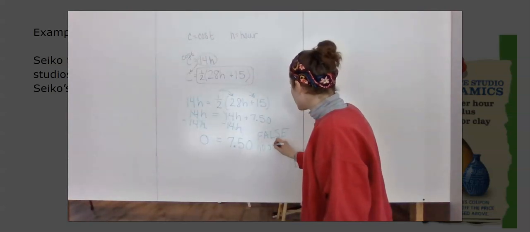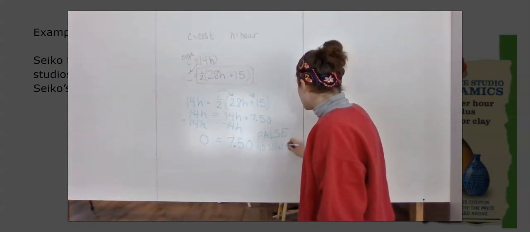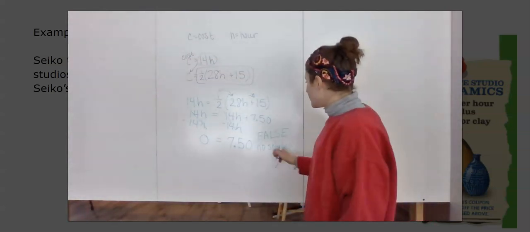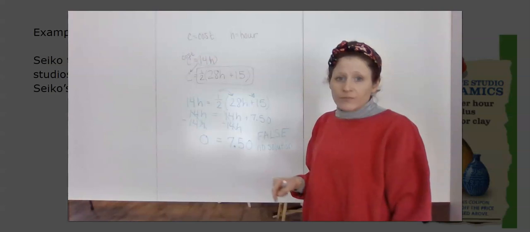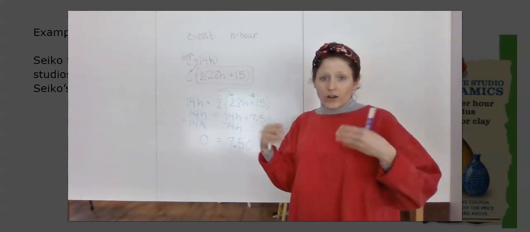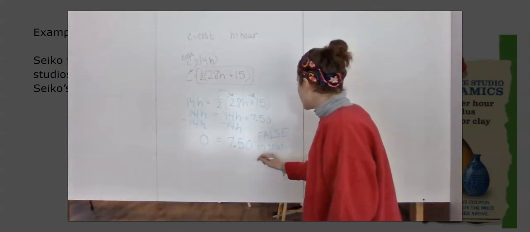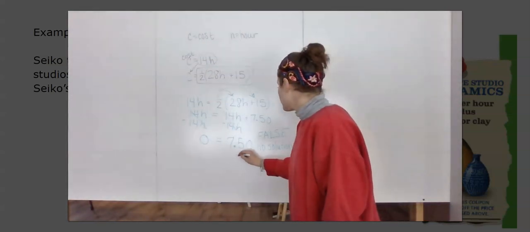There's no solution, which means that if we graph this, these would be parallel lines, but at no time would the cost at each studio be the same.